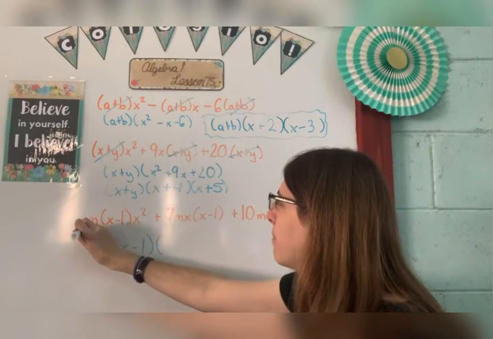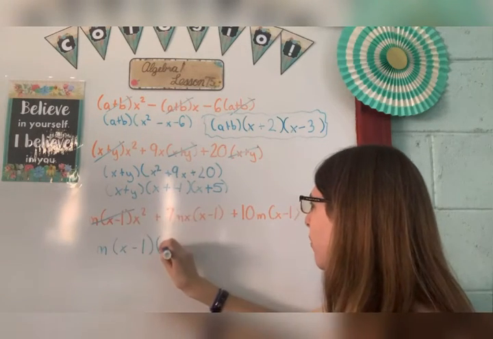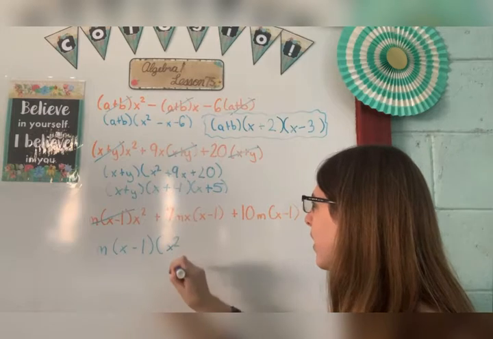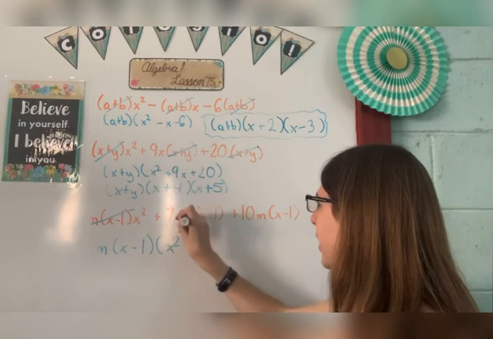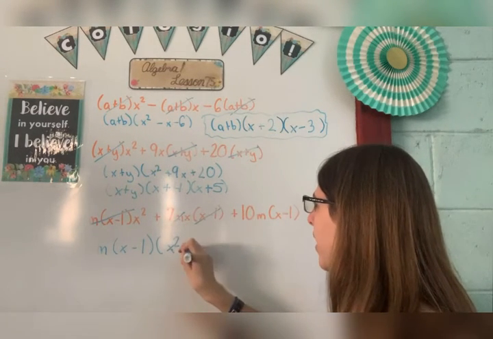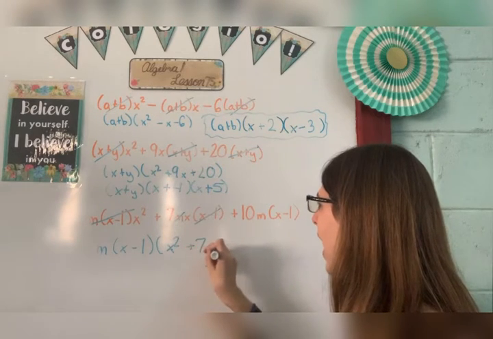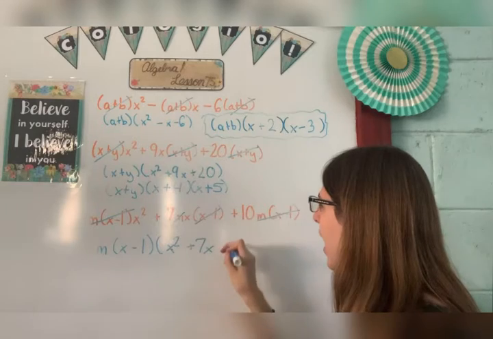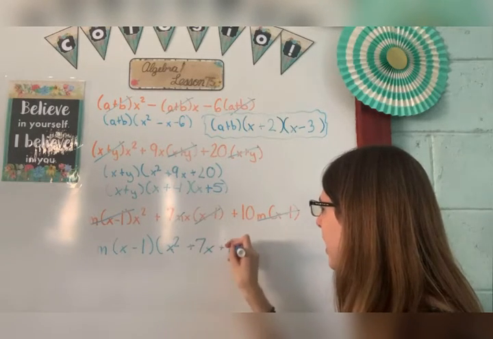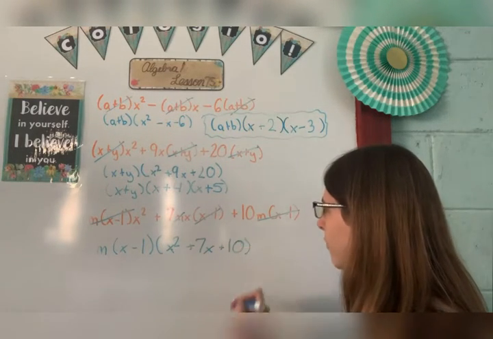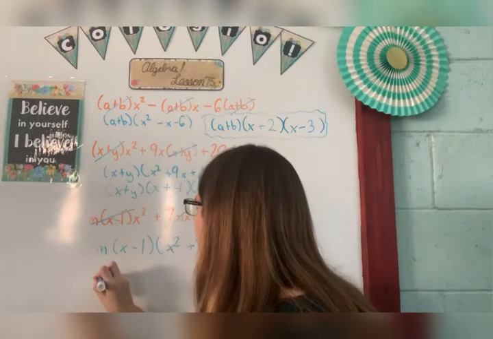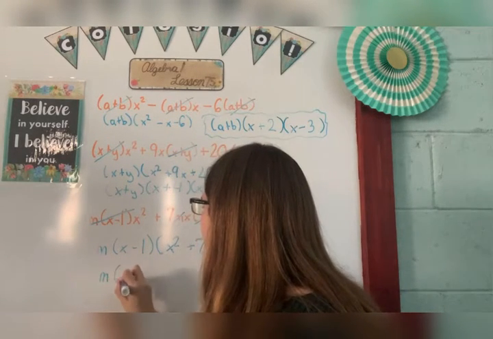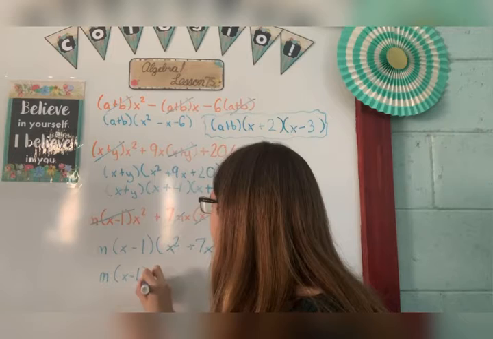So when I divide by m and (x - 1) here, I'm left with x squared. Here, get rid of my m and my (x - 1), I'm left with positive 7x. Here, get rid of my m and (x - 1), and I'm just left with positive 10. To factor it, I know I still have my m and (x - 1).